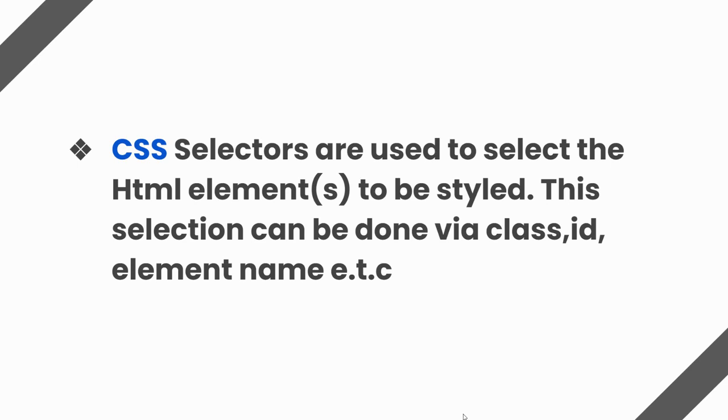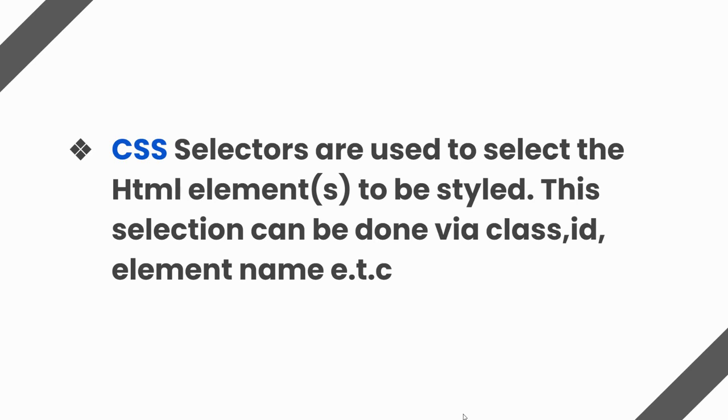So from this explanation, you can see that selecting an HTML element to be styled isn't just going to be from the tag name, but then there are other ways to select it, which is the class name, the ID name. And we would also see some other ways to select particular elements to be styled.